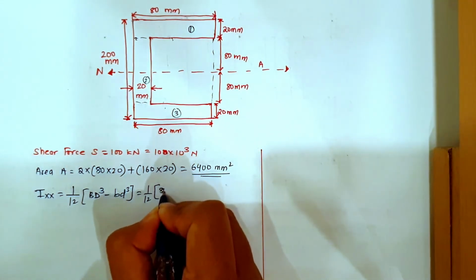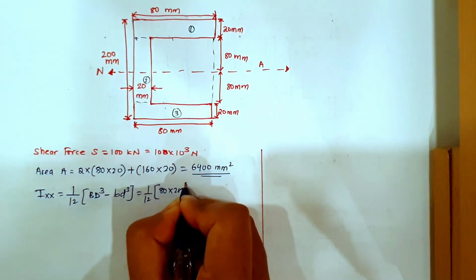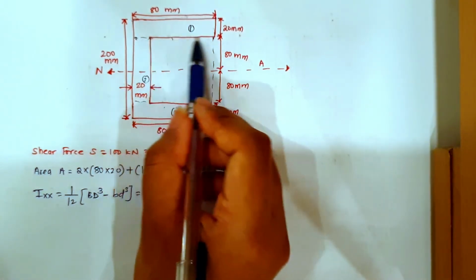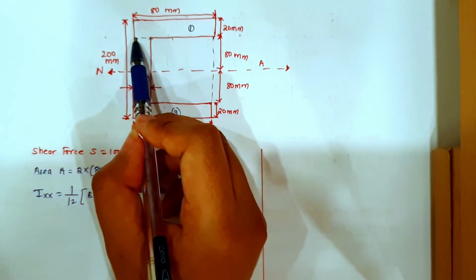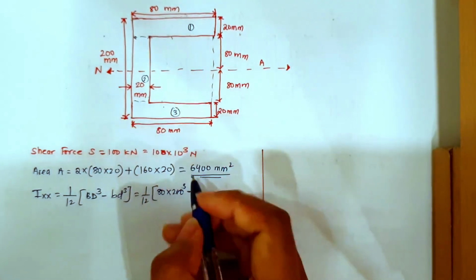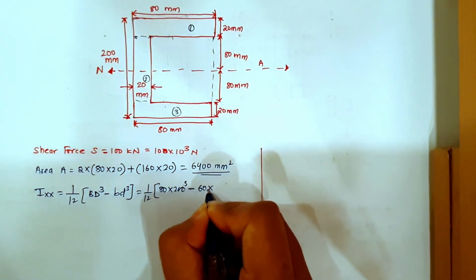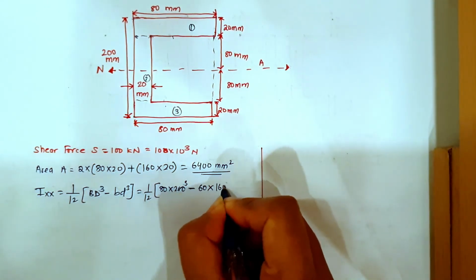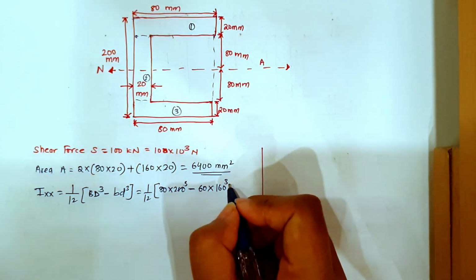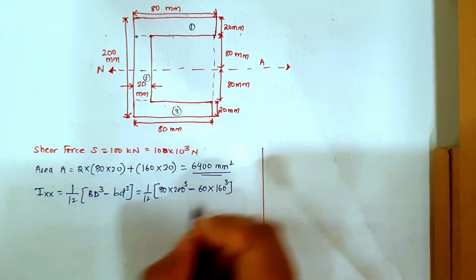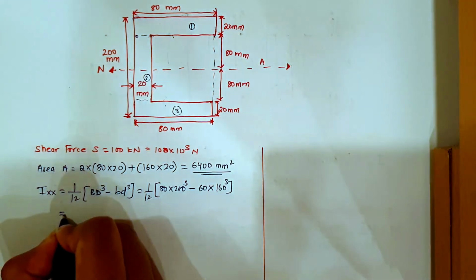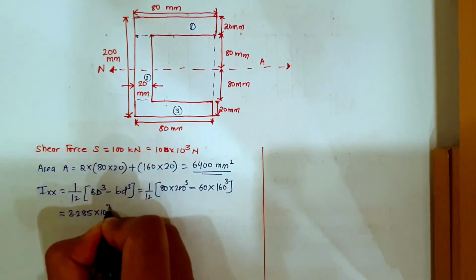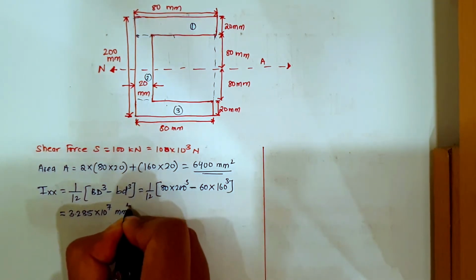So I have 80 into 200 cube minus, for the inner rectangle, this is the inner rectangle and this here is 20. So 80 minus 20 is, b is 60, its depth is 80 plus 80, 160. So 160 cube, right? So from here Ixx will come equal to 3.285 into 10 raised to power 7 mm raised to power 4.